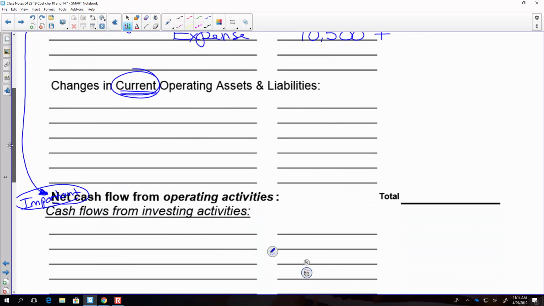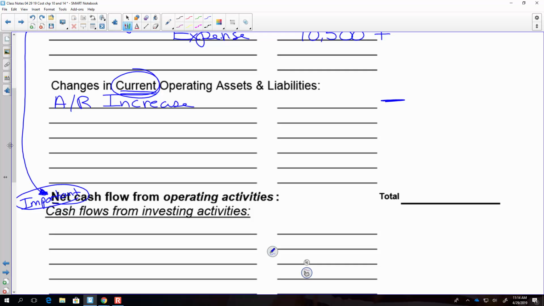So now we can go down to the other current assets, starting with accounts receivable. And accounts receivable did what? Go up or down? It went up. So what do I do with this increase? Do I add or subtract? Subtract. Very good.